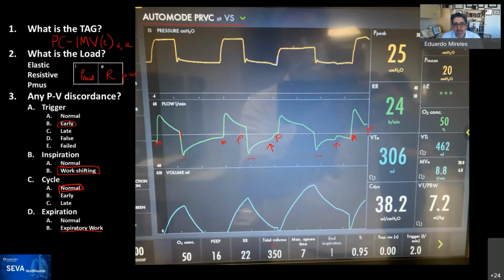What I think it does is that when you are on volume support, it remembers how much pressure you needed for the last breath on volume support. And if you go back to mandatory breaths, it will deliver the same pressure that it was using before for mandatory breaths. And that's why there's difference in height on the pressures.